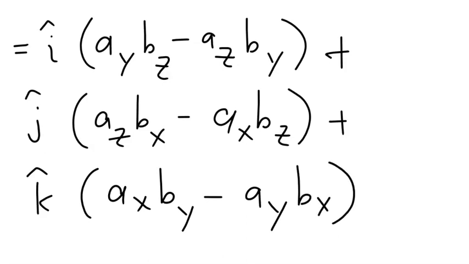So this is the full result for the cross product of vectors A and B using the direct calculation method.